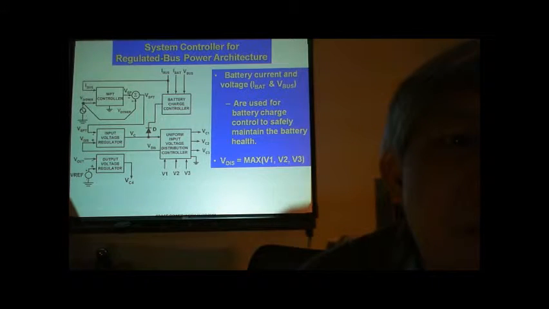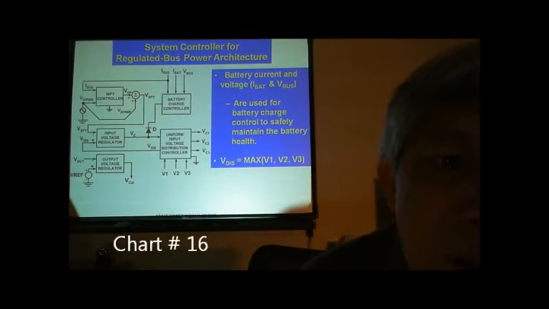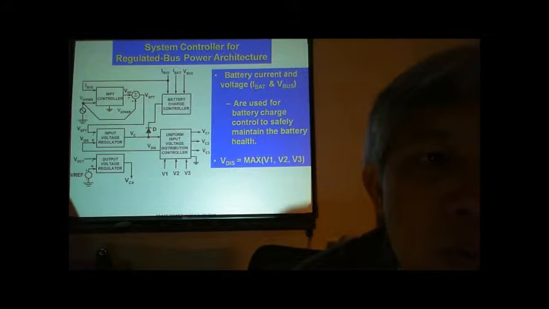This slide shows the system controller block diagram for the regulated bus power architecture. Battery current and voltage, which are I bus and V bus, are used for battery charge control to safely maintain the battery health. When the battery charge controller fails to do its regular function, the system automatically transits to maximum power tracking mode.